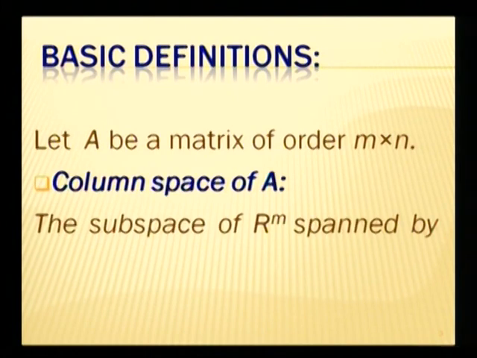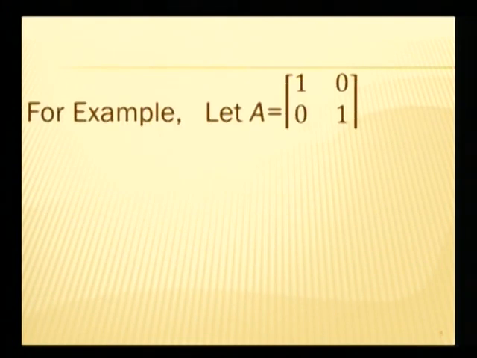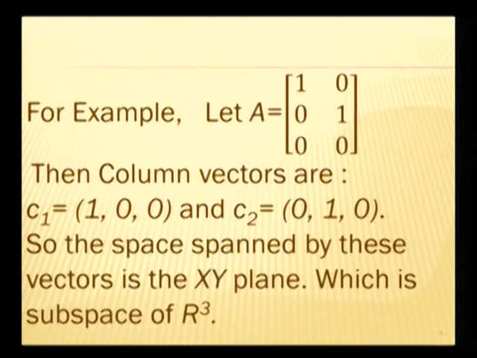First, we'll define what is column space of A. Let A be a matrix with m rows and n columns. Then column space of A is subspace of R^m spanned by column vectors of A. Let us find column space for the simple matrix, which is a matrix with 3 rows and 2 columns.